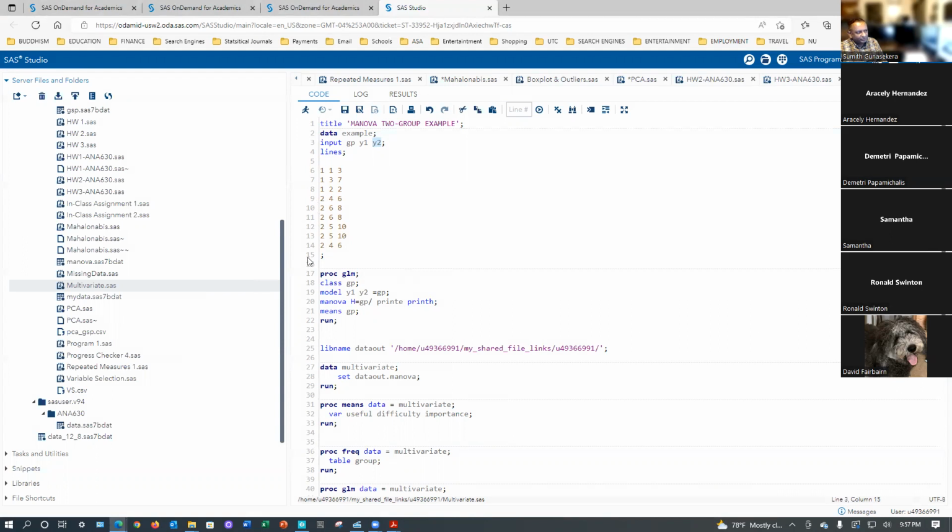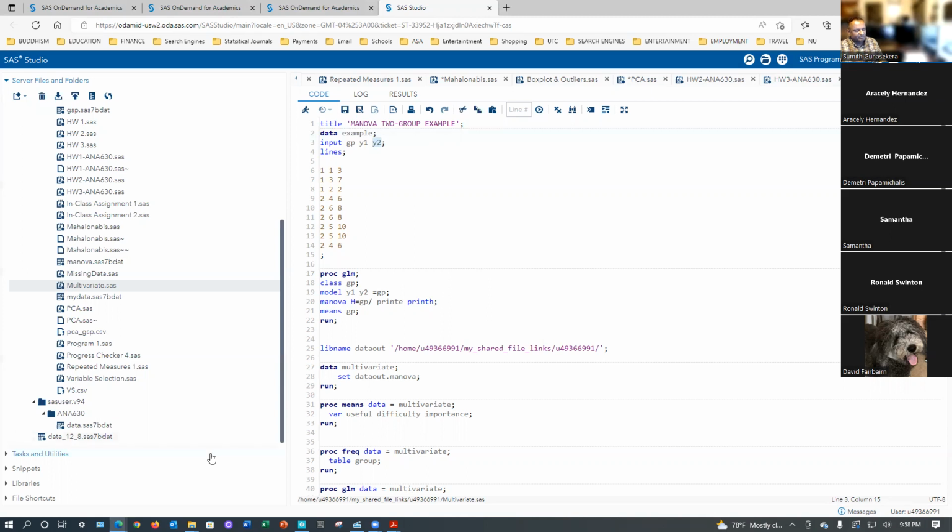For the second group, there is a first individual, second, third, fourth, fifth, sixth. Each individual has scores for two variables. At the same time, we're going to tackle both, not one variable. As I said earlier, this is multivariate.